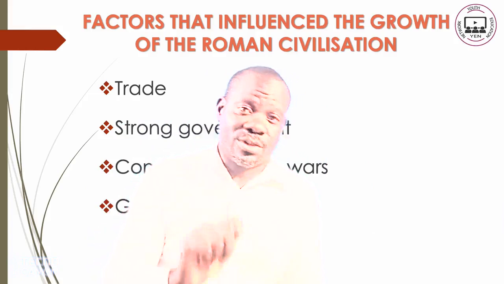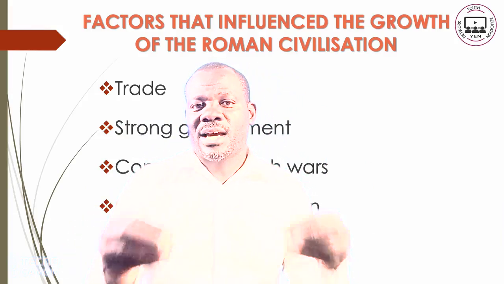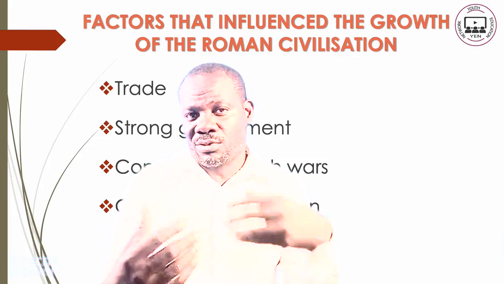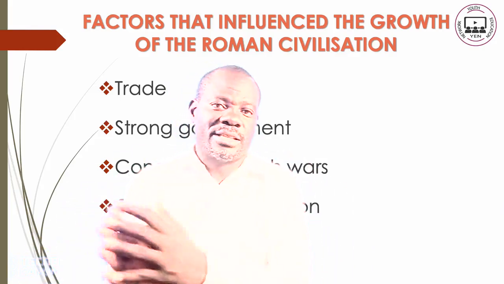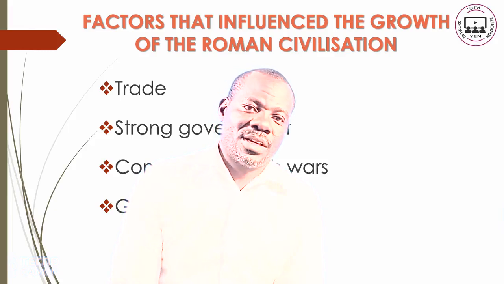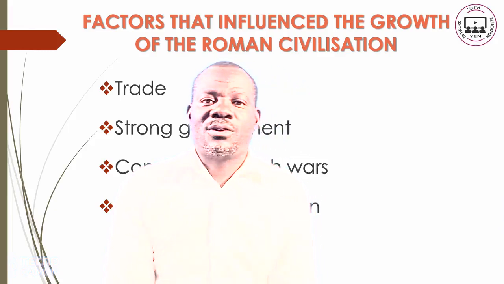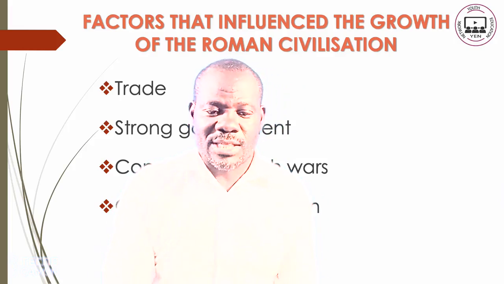That is the location. It was very good because they had easy access to the lake, the sea or the ocean. They were easily transporting their things from one place to the other. Therefore, a good geographical position is another factor that led to the rise of the Roman civilization.